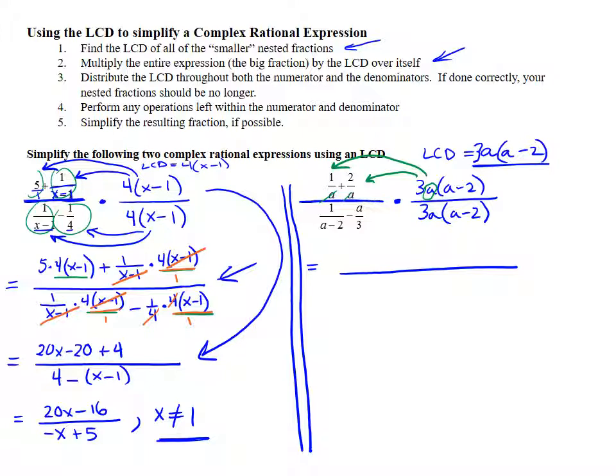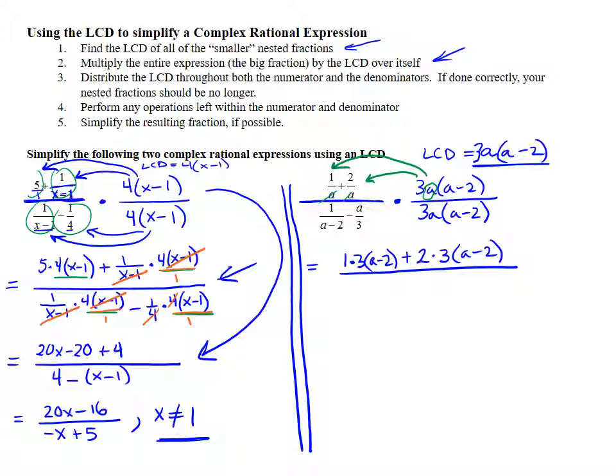So I'm going to end up with the 1 multiplied by 3 times a minus 2, what's left when this a cancels out, plus the 2 that's in the second numerator in that top, which is multiplied as well by 3 times a minus 2. Basically I'm canceling those smaller denominators as I distribute the LCD in.